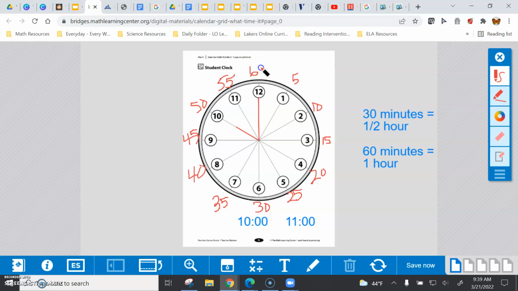A full hour of time has gone. 60 minutes. Then what we would do is take that little hand, cross it, erase it, and move it from 10 o'clock to 11 o'clock, where the little hand is on the 11.